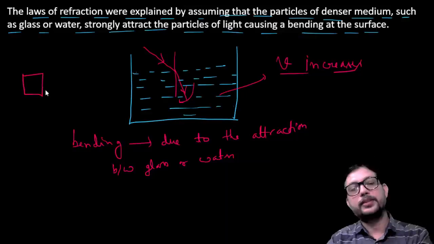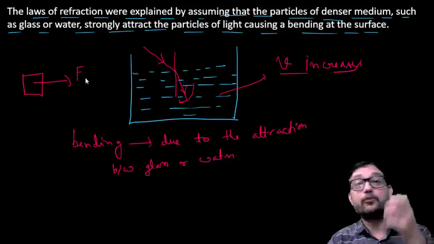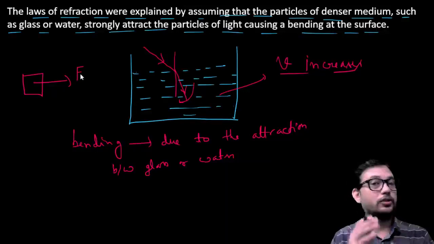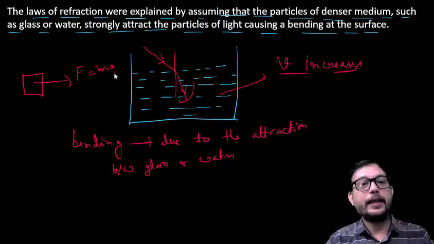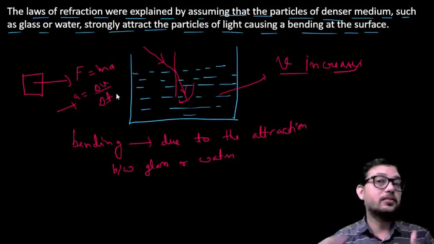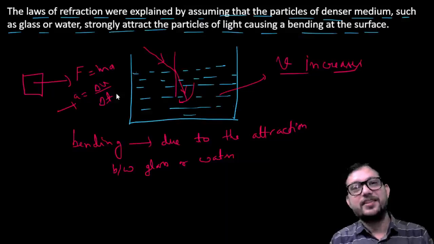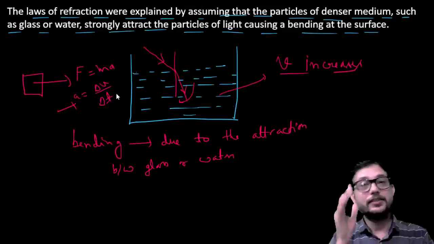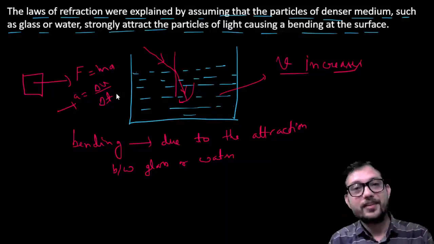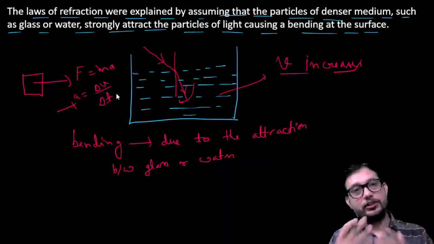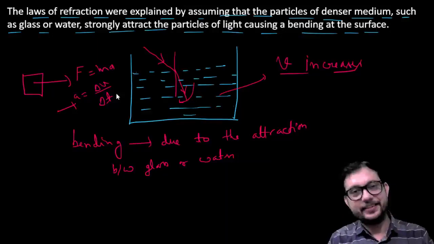Suppose this is your object and you attract it, it means you apply a force on it, and because this is a force of attraction, F equals m times a, and a is the rate of change of velocity, so the velocity changes. As Newton believed it is a force of attraction, the velocity must be increasing.